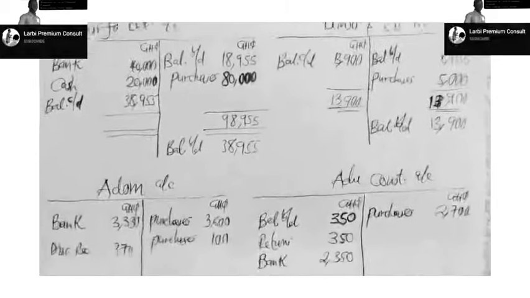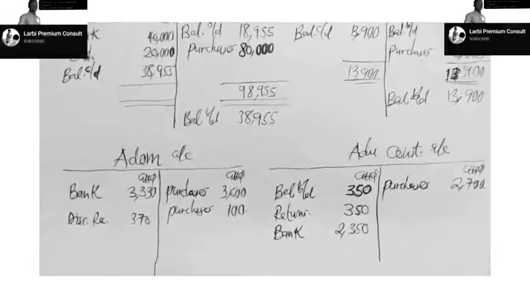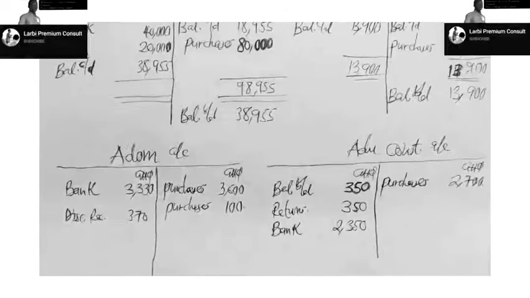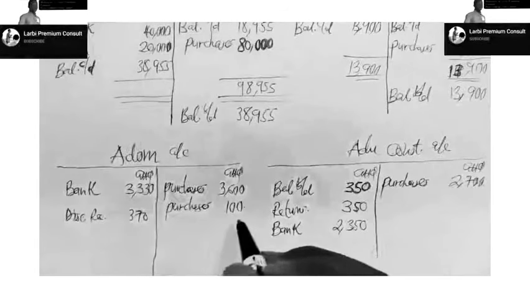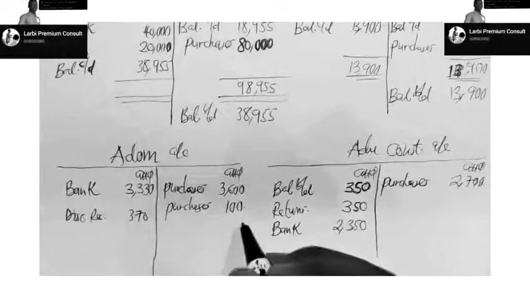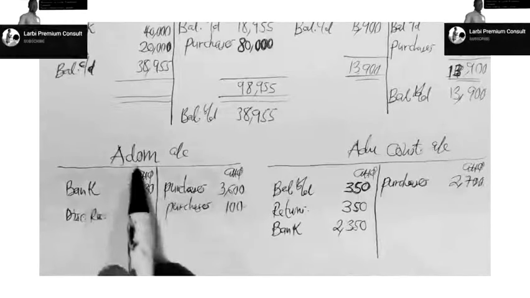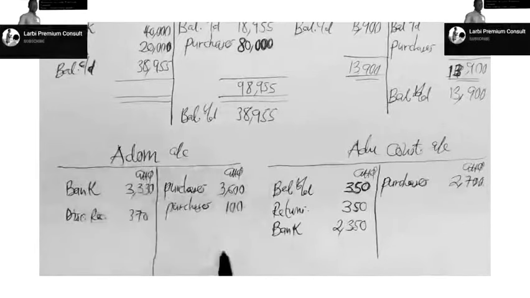So let's check for Adom and then Edu construction. The same thing, let's balance that one too. Let's see the debit side for Adom. Okay, sorry, I think it's Adom that we paid by check less a discount of 10%. I didn't actually tally it, so I was making my own reference.